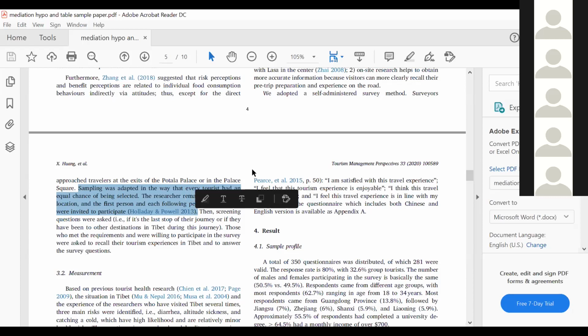The researcher remained in the same location, and the first person and each point sample technique is from Malhotra's book, and I see how he describes simple random sampling.